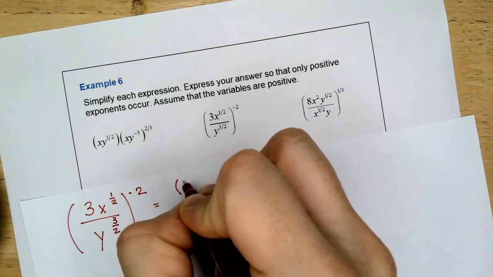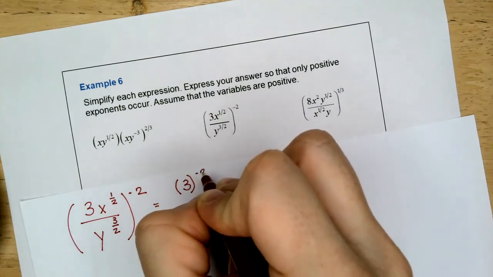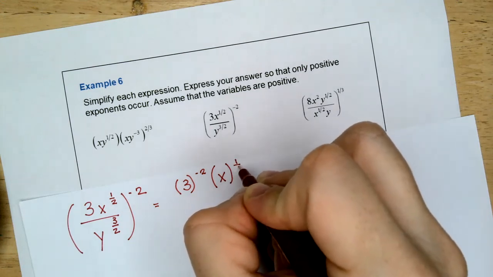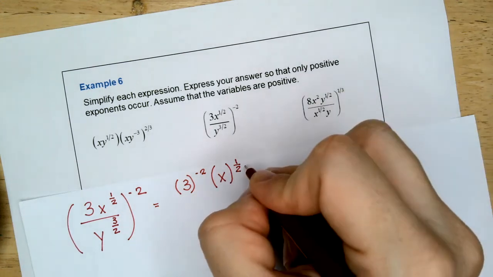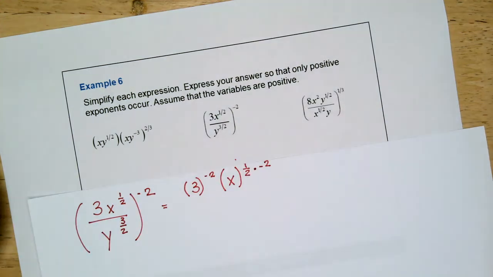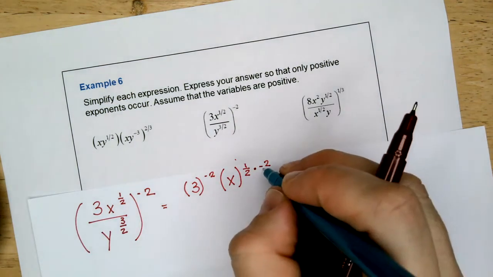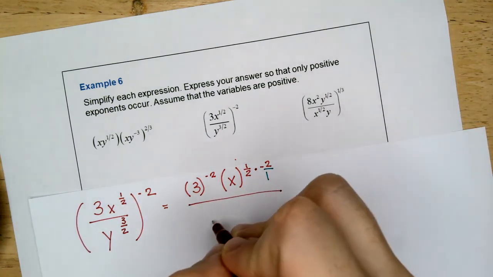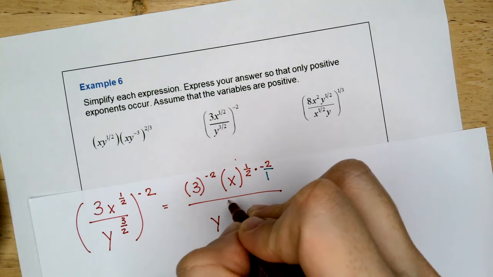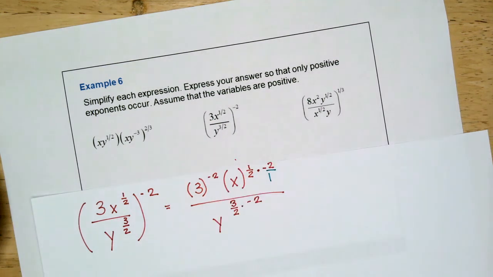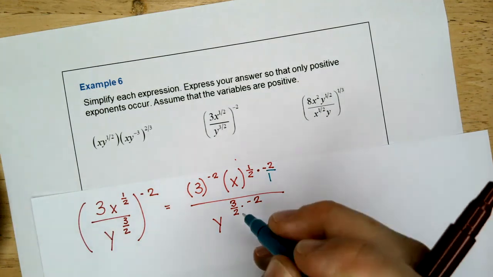Now it becomes 3 to the negative 2 times x to the power of 1/2 times negative 2. Again, that's not a fraction, so I'm just going to make it one. Over y to the power of 3/2 times negative 2, turn it into a fraction.